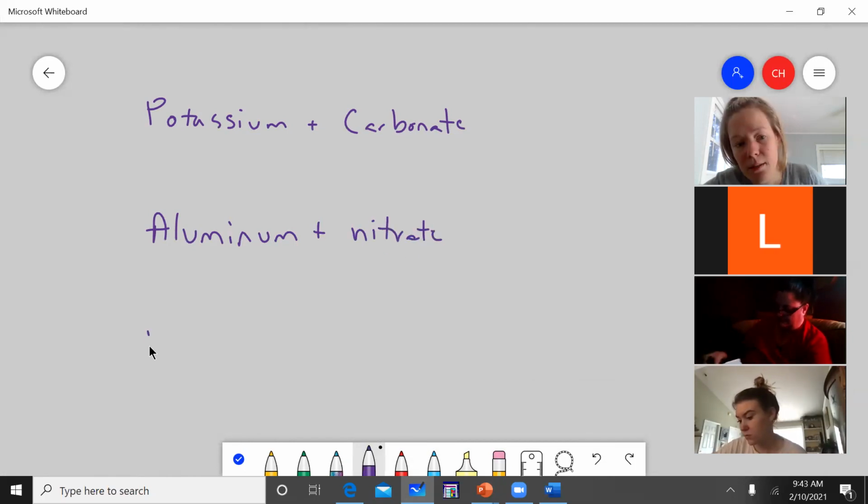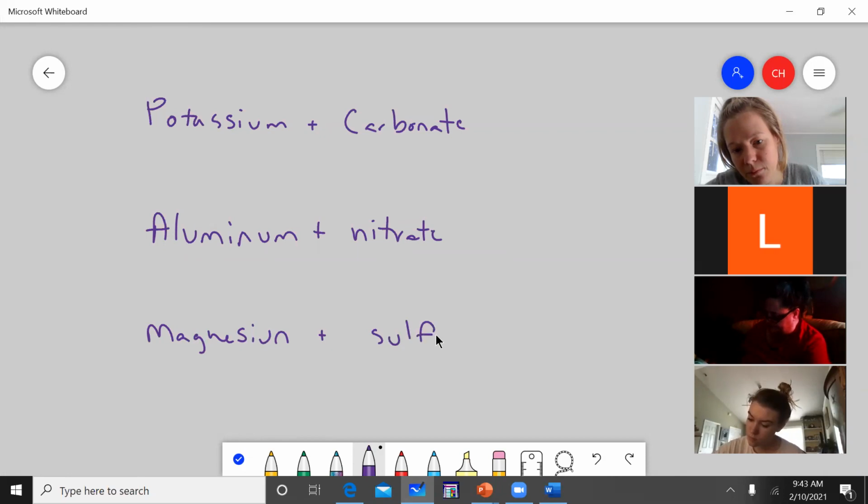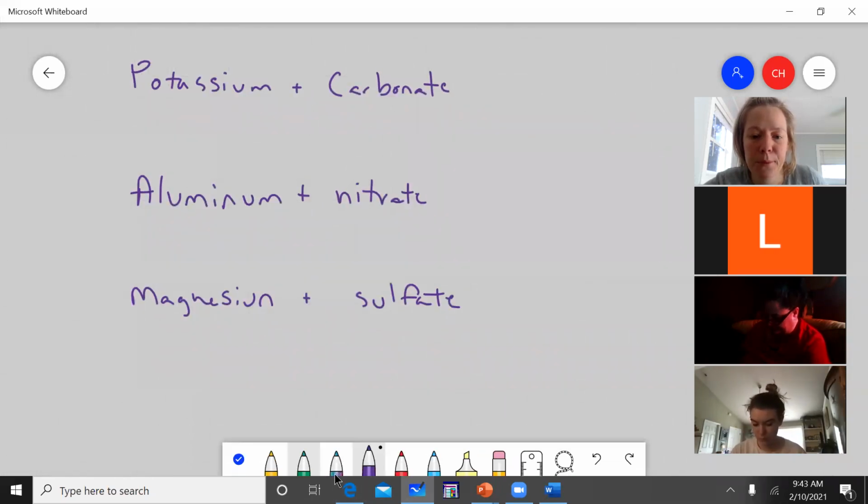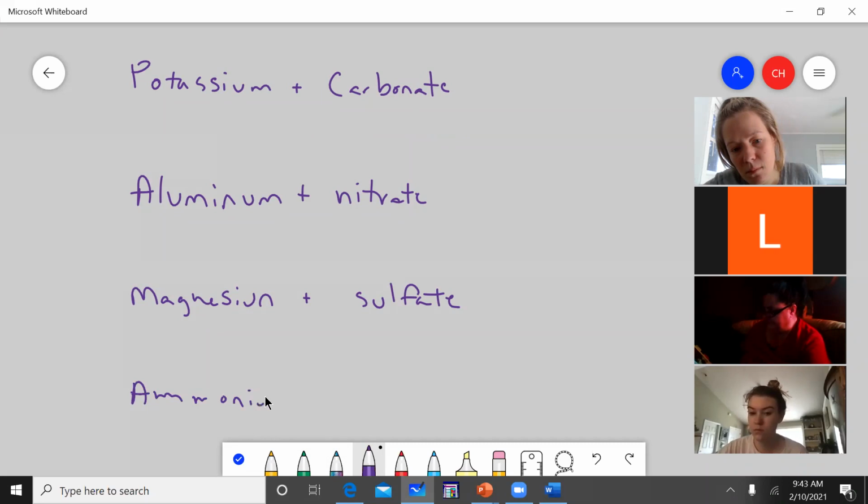Let's do magnesium combined with sulfate. I'll give you one more. Ammonium combined with nitrite.